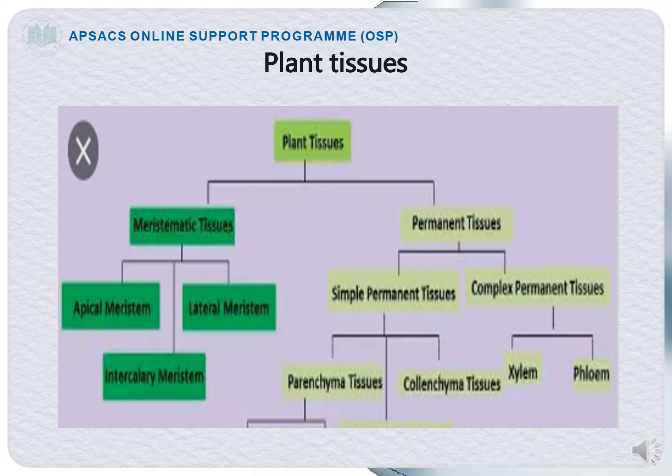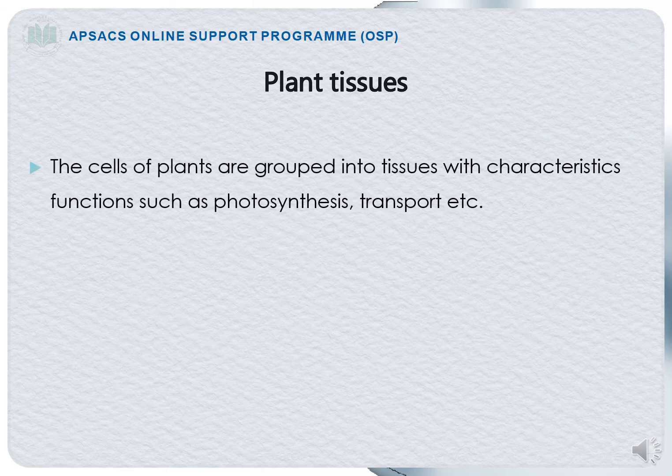Permanent tissue is divided into two subtypes, that is simple permanent tissues and complex permanent tissues. Simple permanent tissue is further subdivided into parenchyma tissues and collenchyma tissues. Complex permanent tissues are further subdivided into xylem tissue and phloem tissue. Plant tissues.